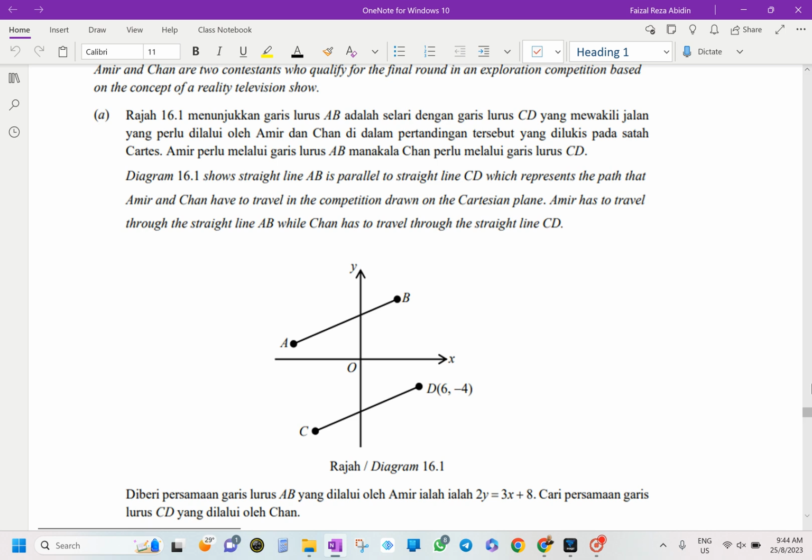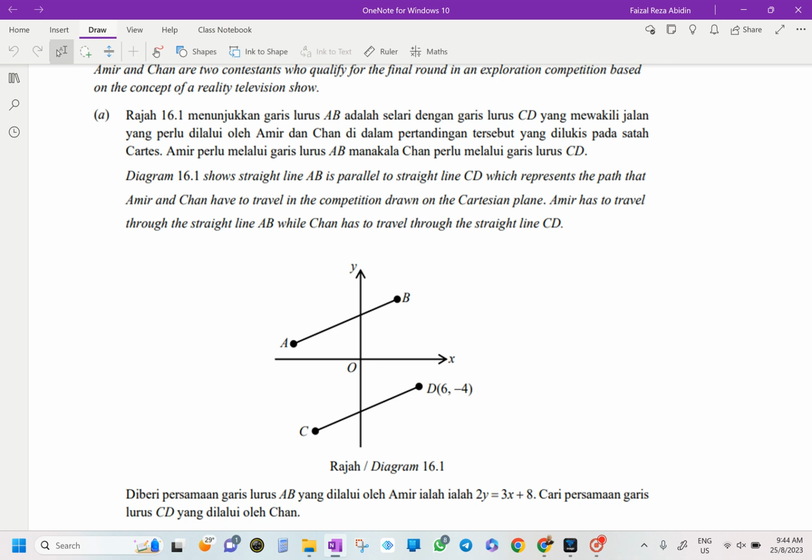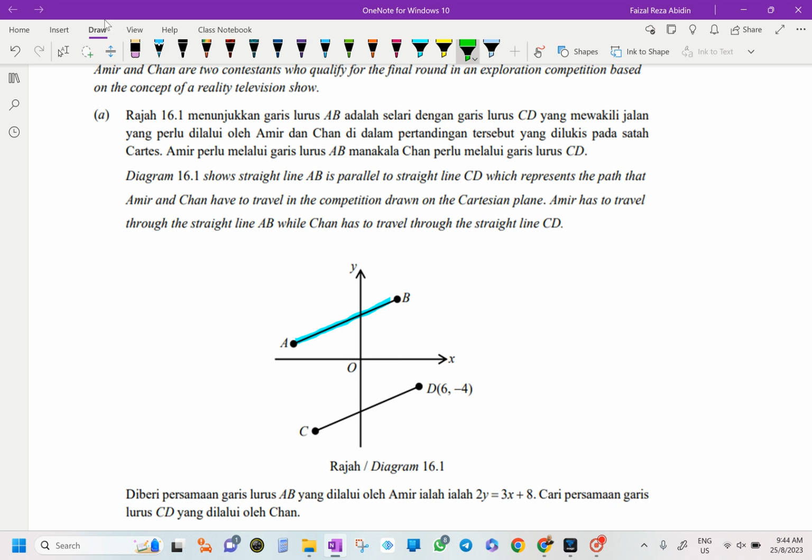When it comes to parallel, what can you understand? Yes, good. The gradient of AB is going to be the same as the gradient of CD. So the gradient of AB equals the gradient of CD. That's the important one.